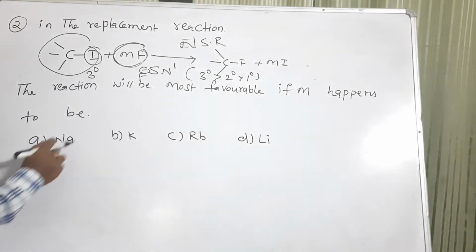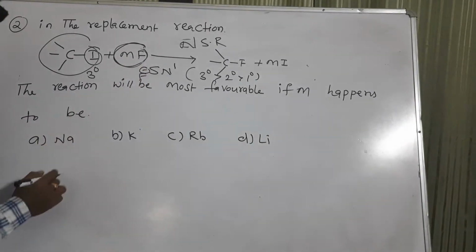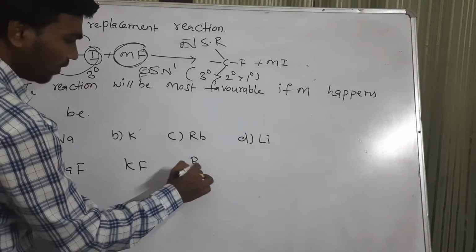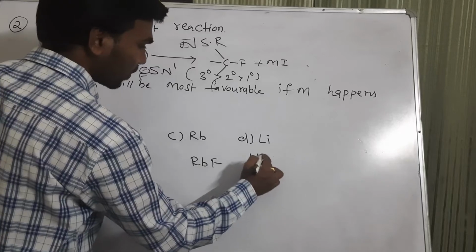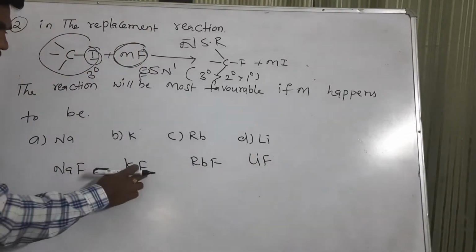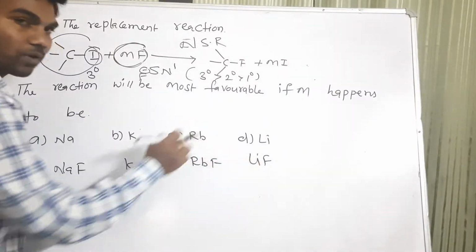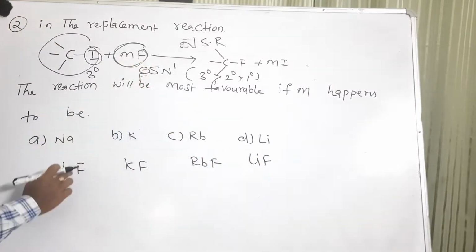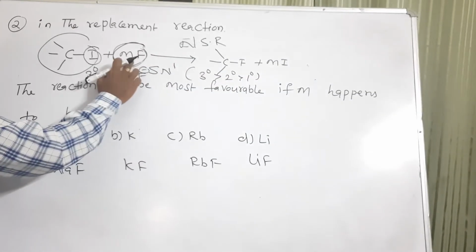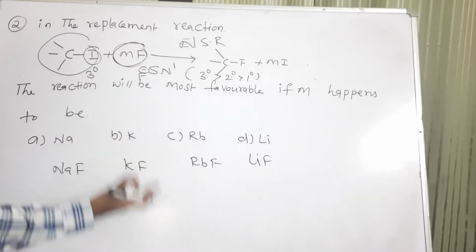Just compare: sodium fluoride, potassium fluoride, rubidium fluoride and lithium fluoride. Instead of MF, if I take sodium fluoride, what will happen? If I take potassium fluoride, what will happen?